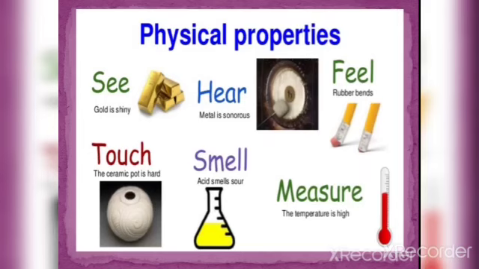Physical properties can be observed or measured without changing the composition of matter. Physical properties are used to observe and describe matter. Physical properties include appearance, texture, color, odor, melting point, boiling point, density, solubility, polarity and many others.